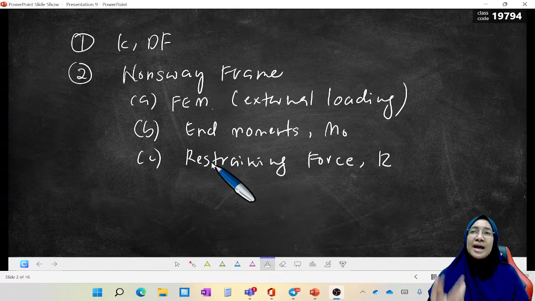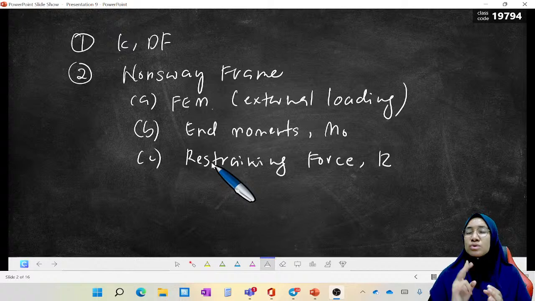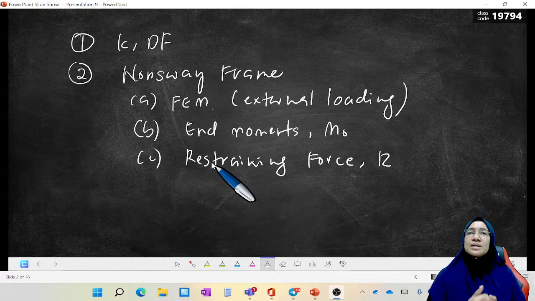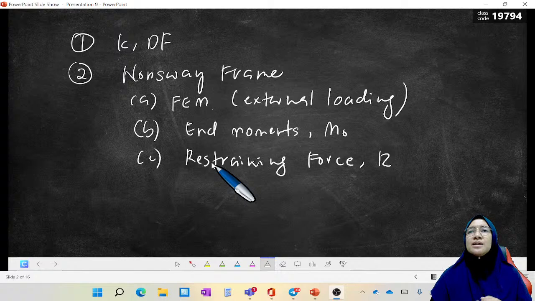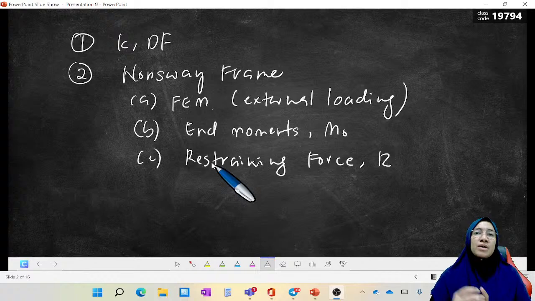That is the idea why we have to have two tables. One is called a non-sidesway frame, another one is called a sidesway frame. Two tables.